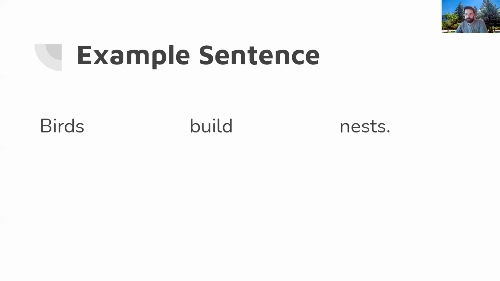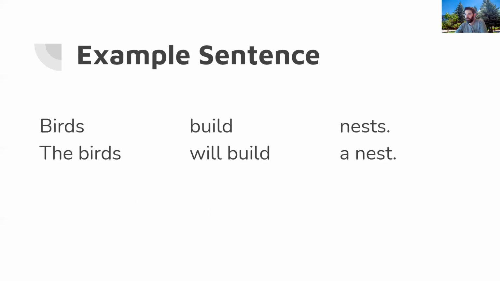Let's look at this example sentence here. It contains three content words: birds build nests. Birds build nests. Every word receives equal stress and equal time within an English sentence here because they're all content words. But when we start adding function words, we're going to start seeing the clustering happening.